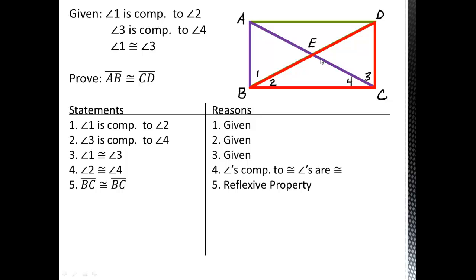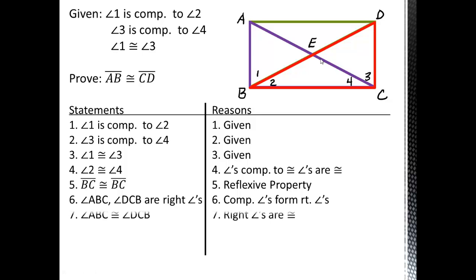What I chose to do, just because I like bringing up old proofs as a reminder, we could say that angle ABC and angle DCB are right angles because complementary angles form right angles. And then we could say that angle ABC is congruent to angle DCB because right angles are congruent.